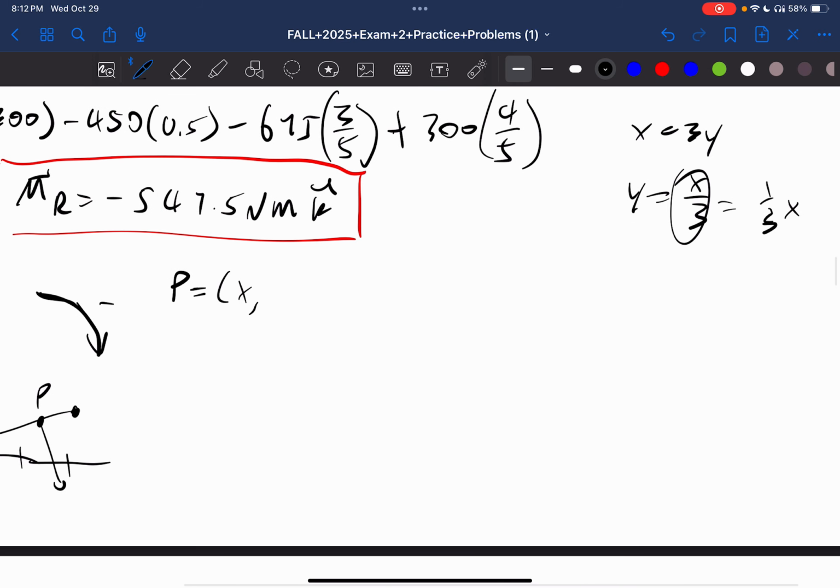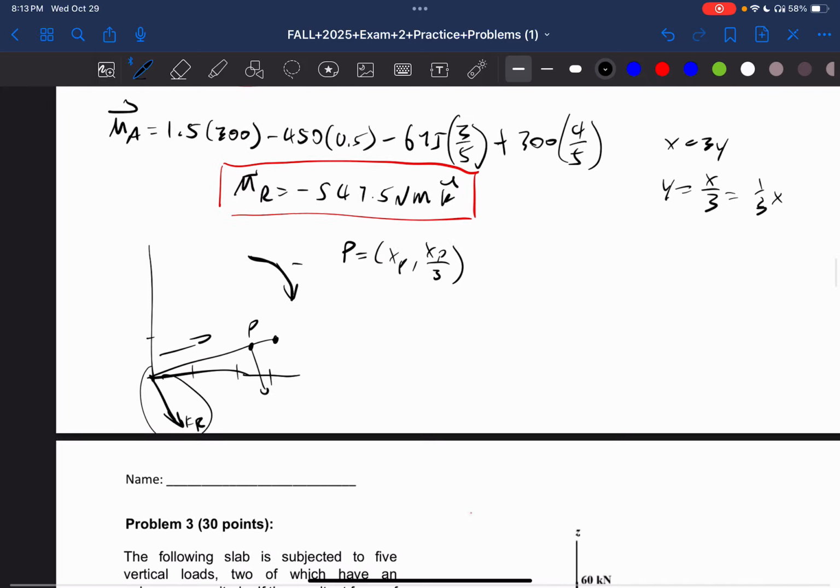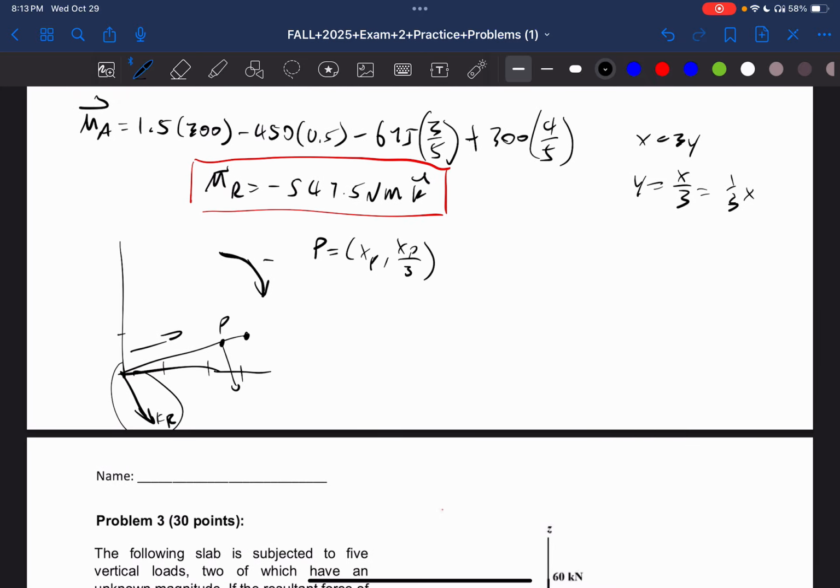The y value is going to be x over 3. Let's call this xp. So we need a point: P is x, y, and y is equal to xp over 3. Okay, so we have a point now.